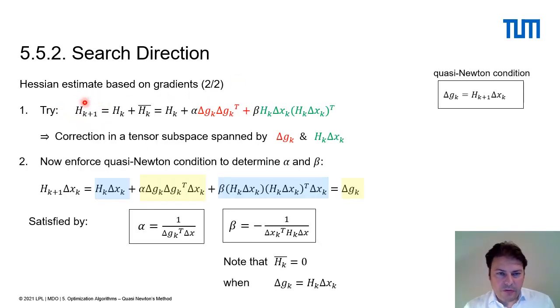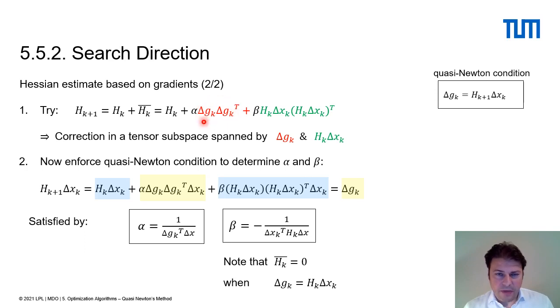We want to approximate hk plus 1 as the sum of hk and an update that we would like to derive the formula for. And we attempt to create an update using a multiple of the dyadic product of these two vectors, delta gk, so the difference of gradients.